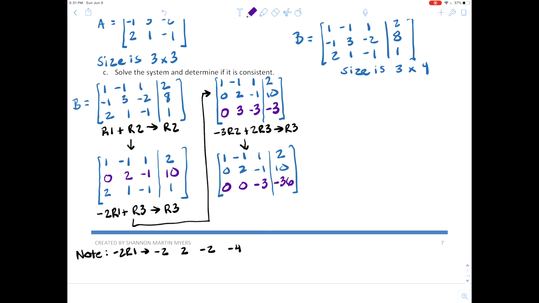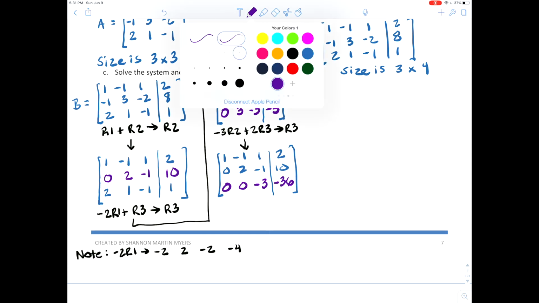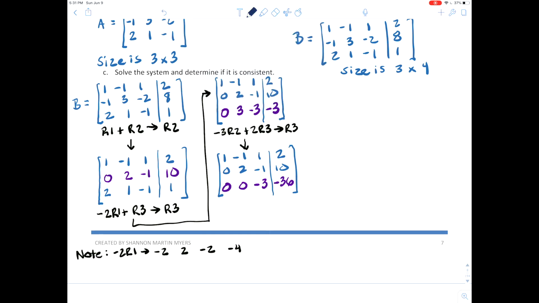And now what do we do? We put it back into the system of equations. So this here is equivalent to the system 1x1 minus 1x2 plus 1x3 is equal to 2. 0x1 plus 2x2 minus 1x3 equals 10.